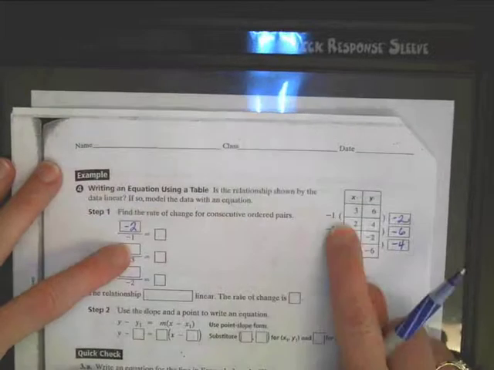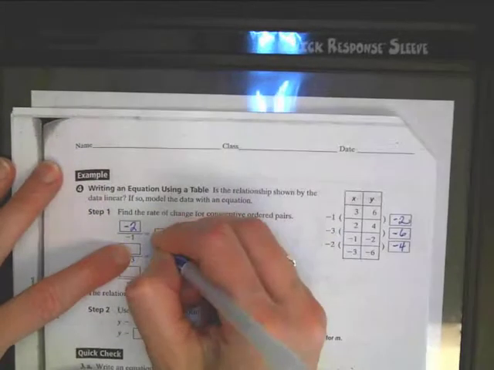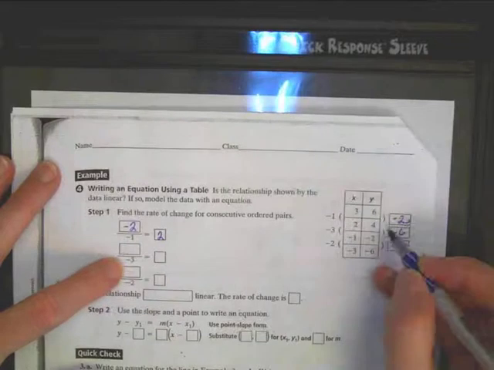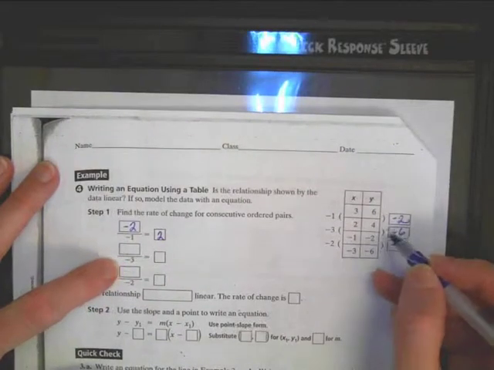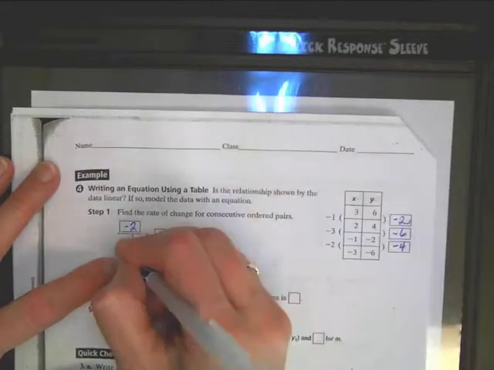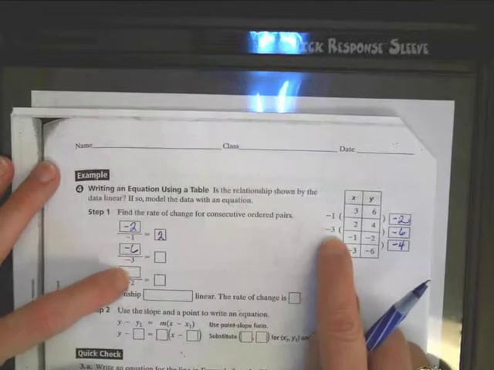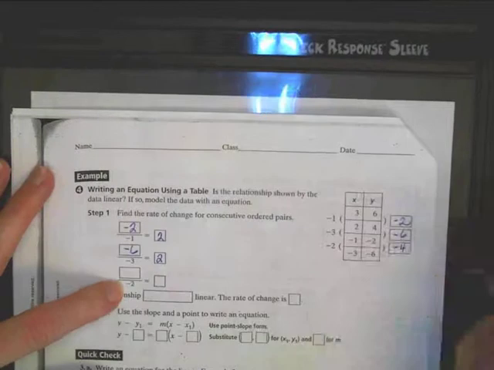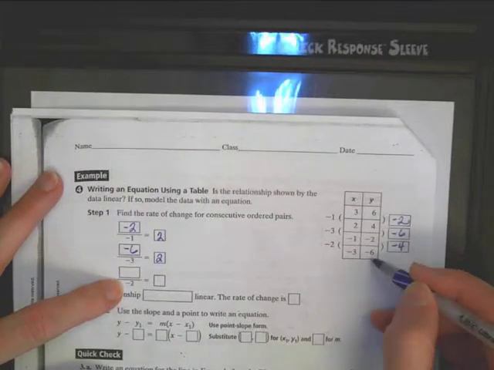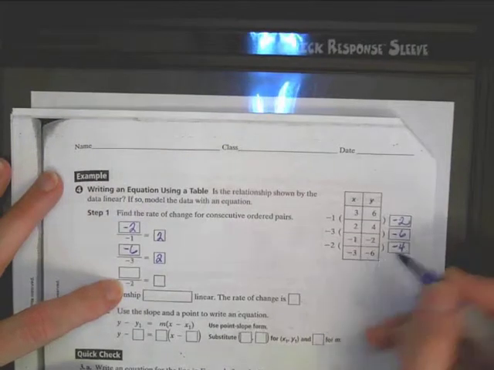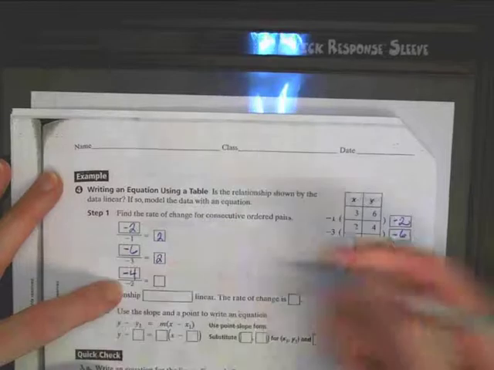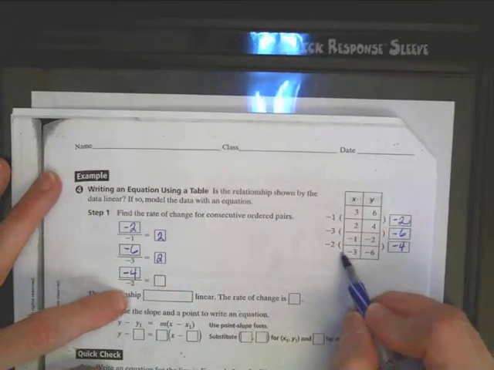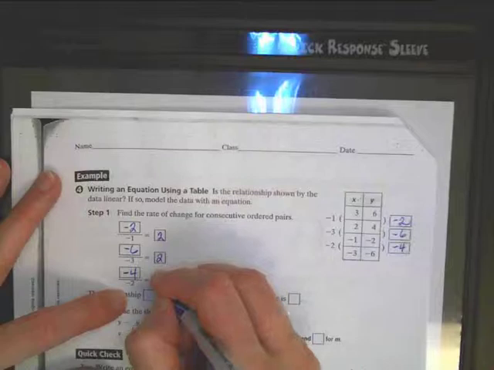I'm going to now fill them up. The change in y, which is negative 2, over the change in x gives me a 2. The change in y over here is negative 6. Its corresponding change in x is negative 3, so that simplifies to 2. Here, from negative 2 to negative 6, I'm going to subtract 4, so the change is negative 4.